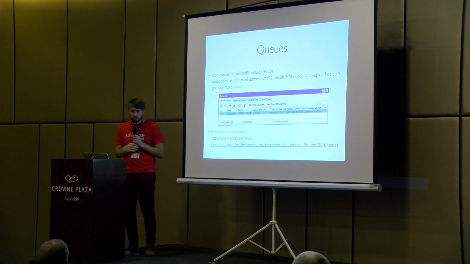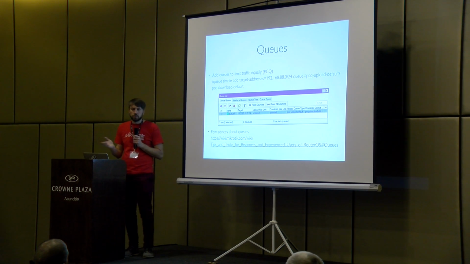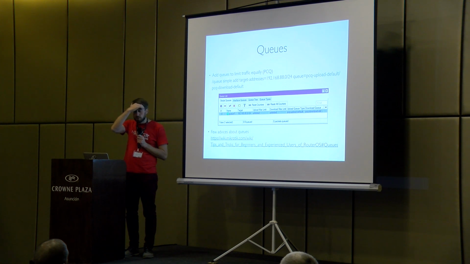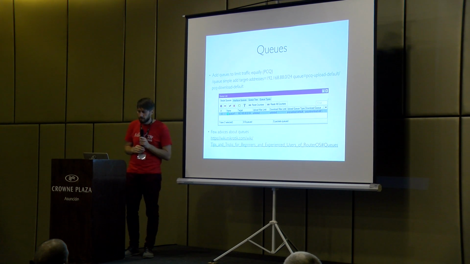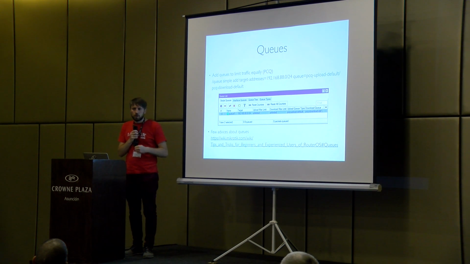When you have 2 users, they will use 5 megabits each. If you have 10 users, they will use 1 megabit each at the same time, and so on. You can also use PCQ when your bandwidth is not specifically set, like it's not 10 megabits, it could be 30 megabits. So you can equalize this bandwidth between your users.